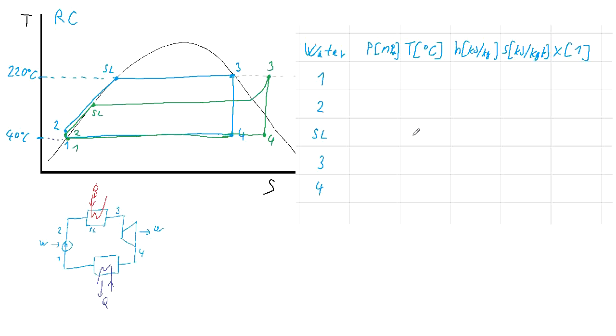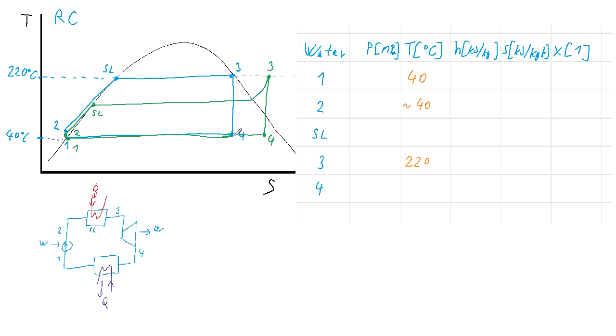It was given in the problem statement that it was 220 degrees C. And the temperature of the condensation, which is the temperature at point 1, was 40 degrees C. Then we actually said that we will neglect the temperature increase in the pump. So here would also be about 40 degrees C.